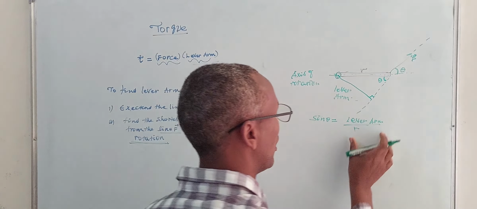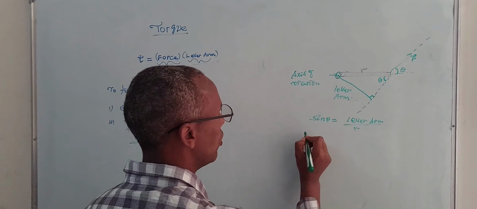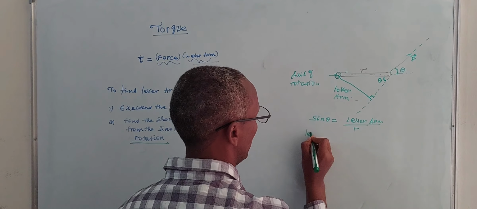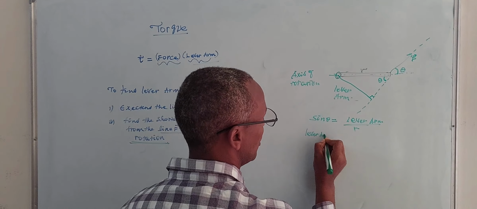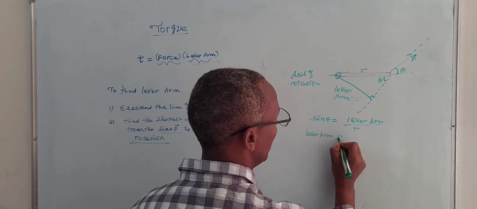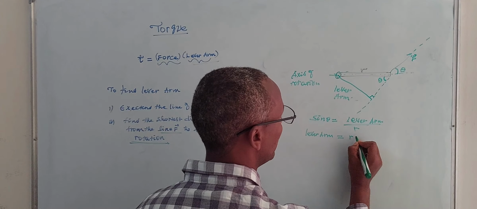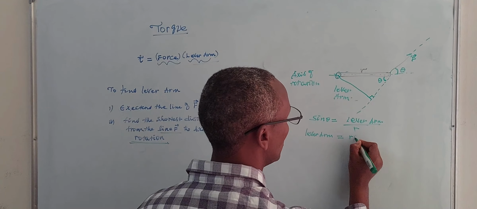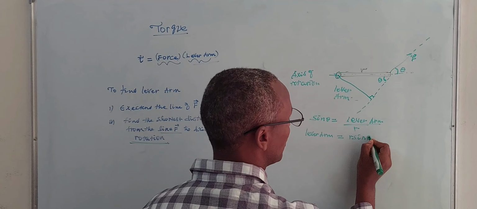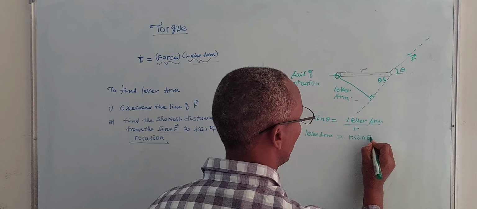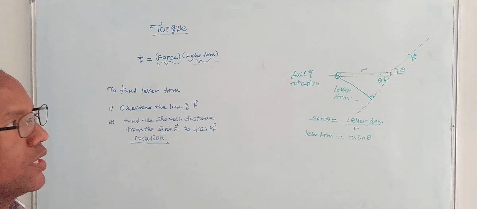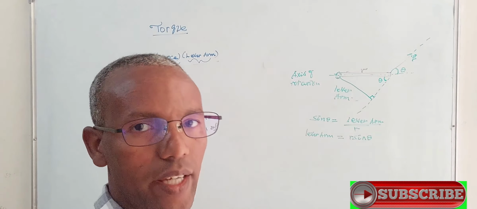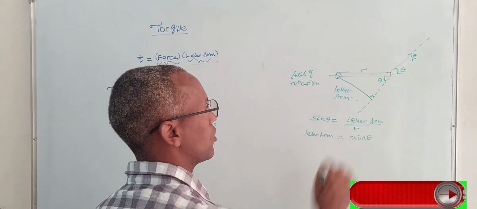From this relationship we can find that the lever arm is equal to the position, or displacement, it doesn't matter, multiplied by sine theta, which is the angle between the position vector and the force exerted on the door, okay?